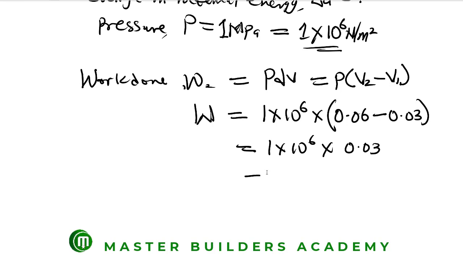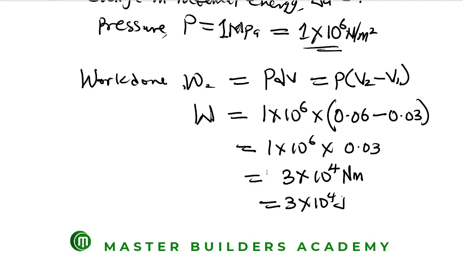And by the time we multiply this together, this gives us 3 times 10 raised to the power of 4 Newton meters. Now you understand very well that 1 Newton meter is the same thing as 1 joule. So this is the same thing as 3 times 10 raised to the power of 4 joules.